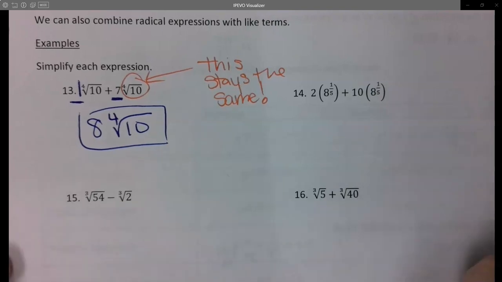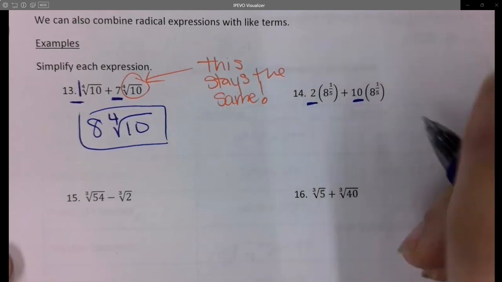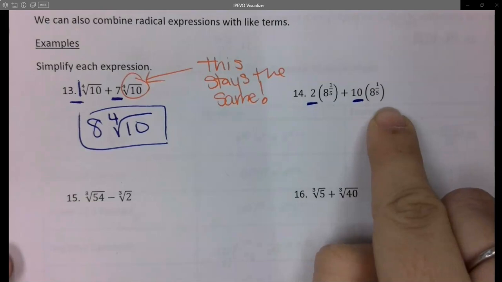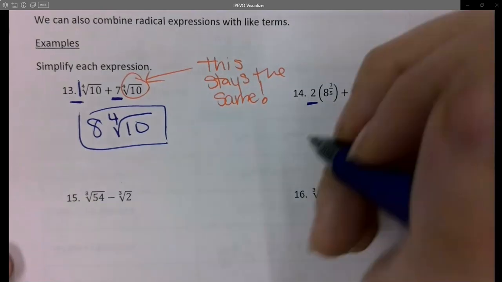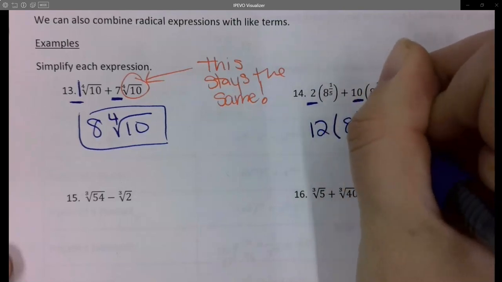Okay, same thing with number 14, even though those aren't written like that. I have the same base. I have 8 to the 1/5, so I'm just going to combine the 2 outside numbers, which give me 12, and then the inside part stays the same.